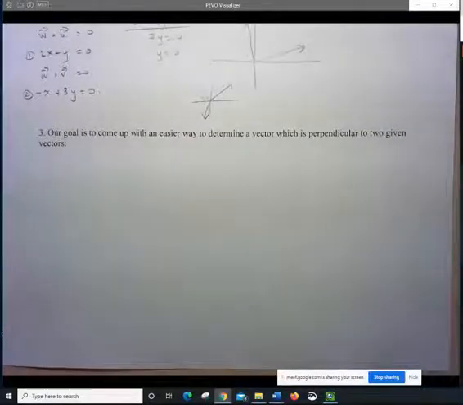But what I'm going to do here is just define this operation, and then in the next example, we'll check with an example that it does give us what it needs to give us. Certainly it's not going to be a proof, but it'll give us a sense that it does work.